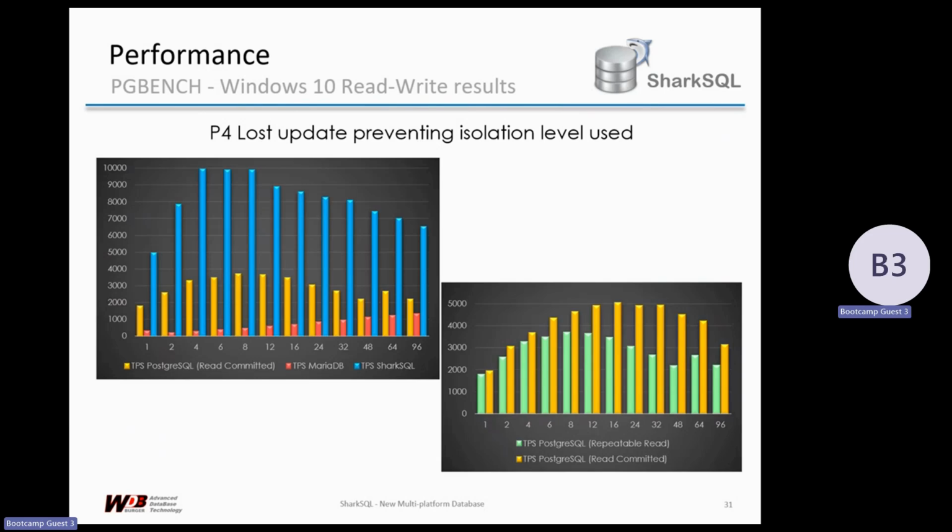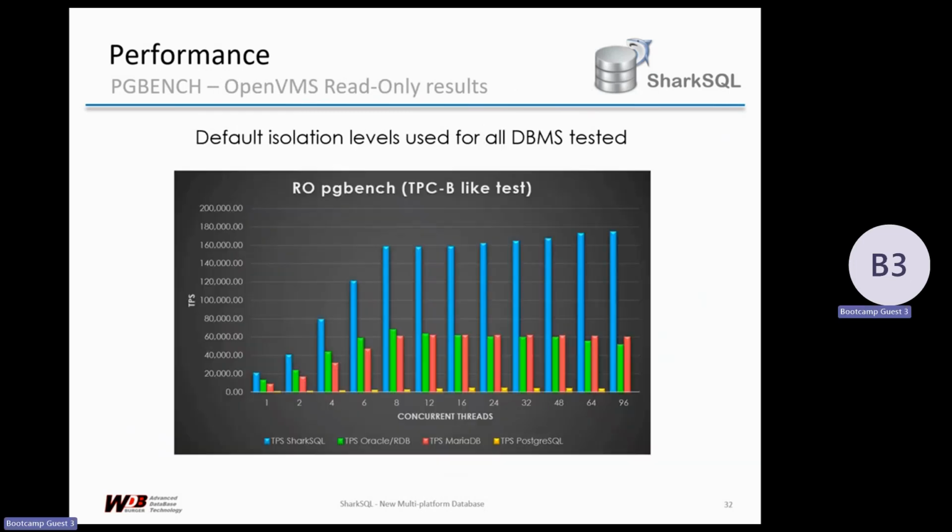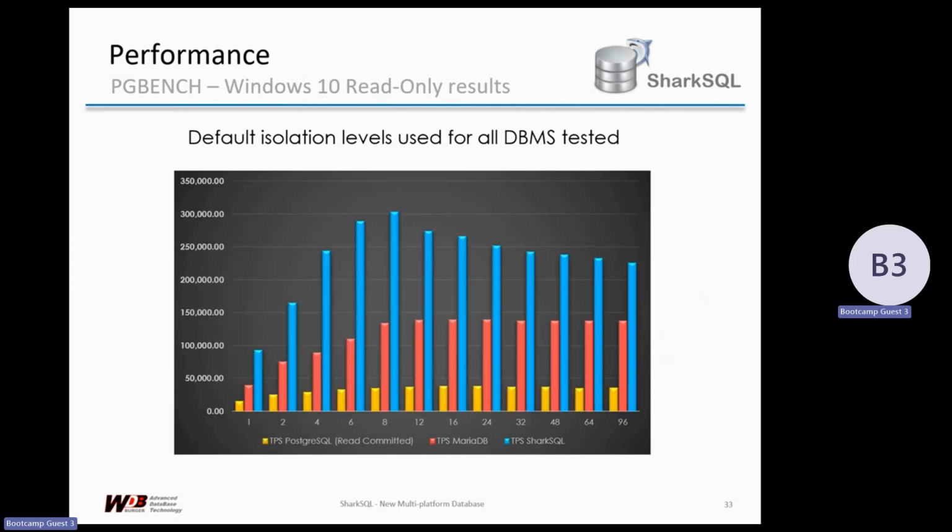You have to increase the isolation level to repeatable read, and when you see it, if you're using repeatable read, it drops. In SharkSQL, you do not lose any updates. So this is read performance, because you can only test the random read performance.